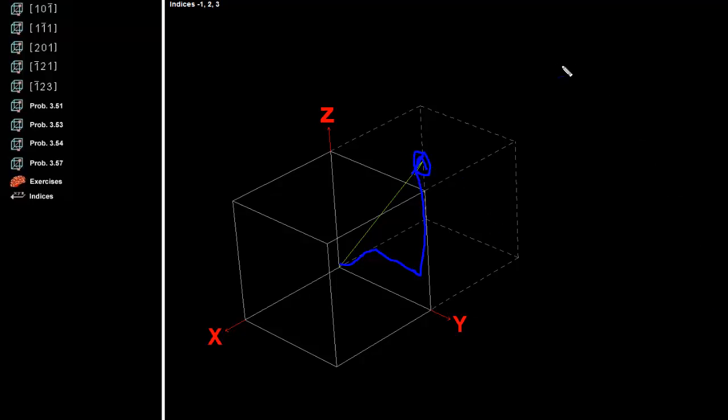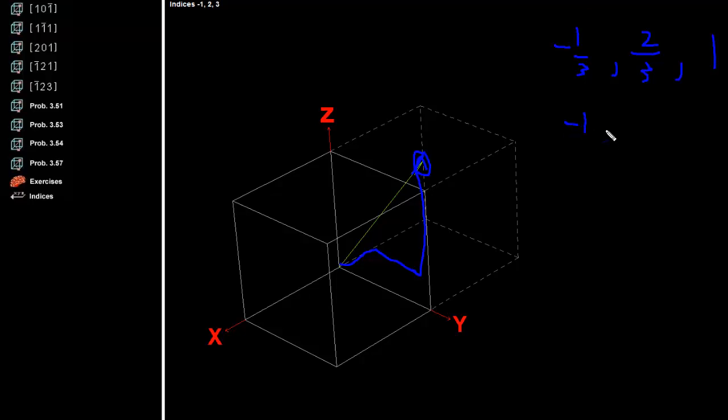So if I'm going over negative 1/3 in x, about 2/3 in y, and going up a full lattice parameter in z, I take these and I multiply through by the common denominator, 3, so I end up with -1.